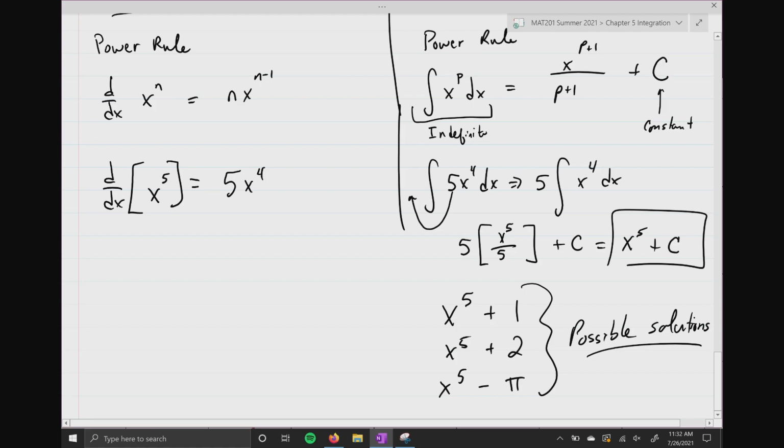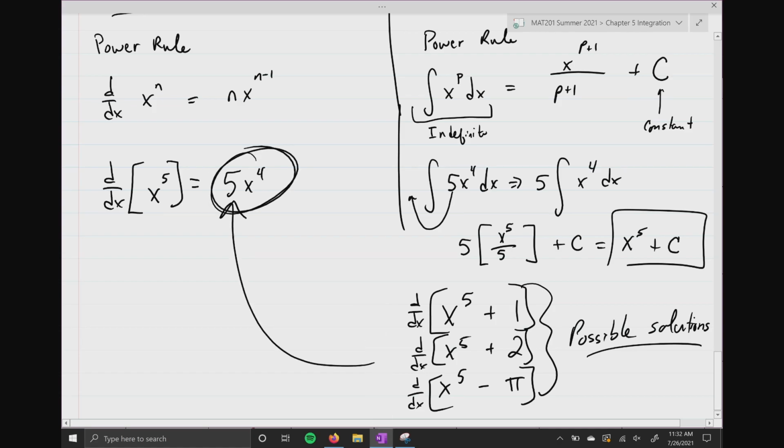And the reason being is, if you recall, the derivative and the integral, or the derivative and the antiderivative, they're inverse properties of each other. So if I were to take the derivative of each one of these different possible solutions, no matter what I do, I'm still going to get 5x to the fourth for a derivative.